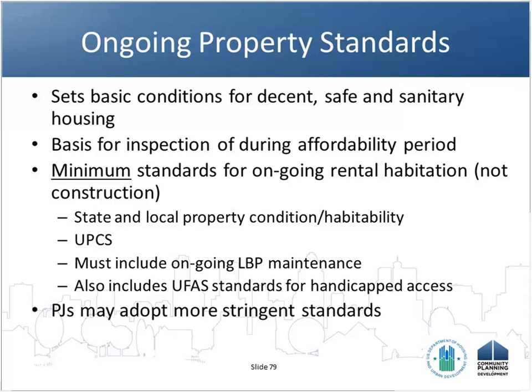So in the update of the HOME regulations, UPCS was set as the standard, and we're simply waiting for additional guidance on how you will implement that, and what parts of UPCS you need to use. For those of you that have state and local occupancy standards in place, that is what you'll be using, so you're not waiting for that additional guidance.